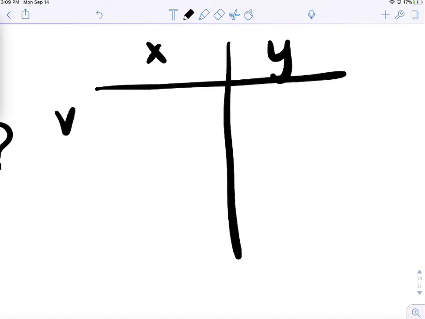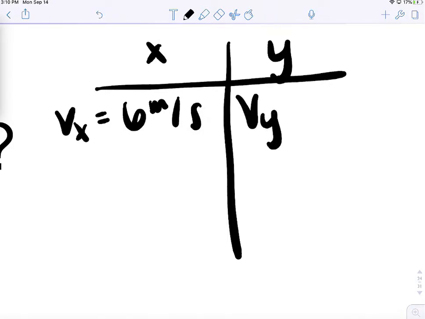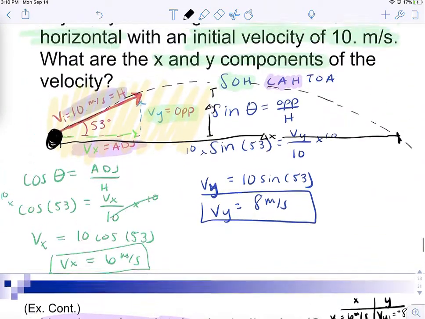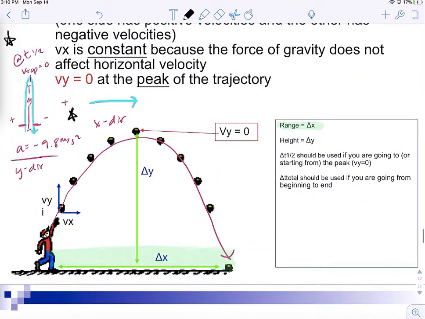And from earlier, we found that the x velocity, the horizontal velocity, is 6 meters per second. And we also found that the y velocity, an initial y velocity, is positive 8 meters per second. I say it's the initial and positive because in the y direction, you are moving up and then moving down, but it's still that parabola shape.